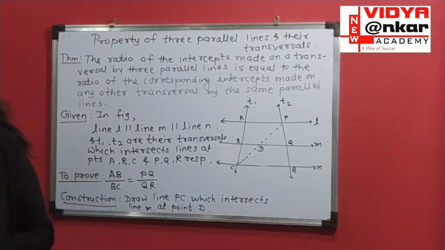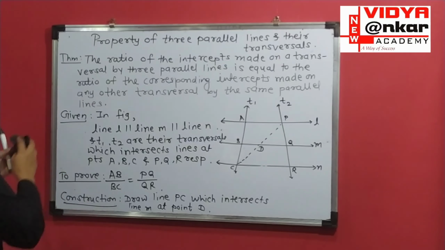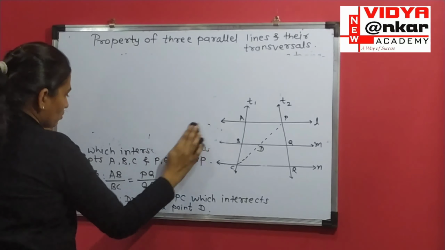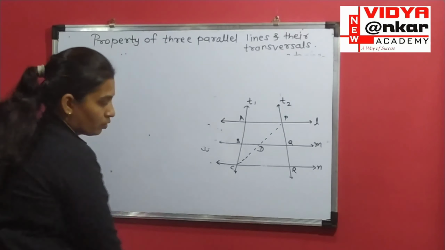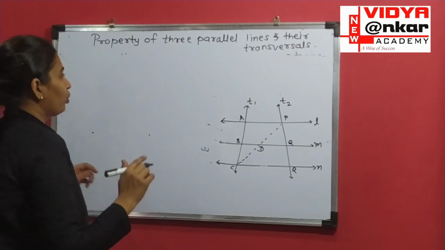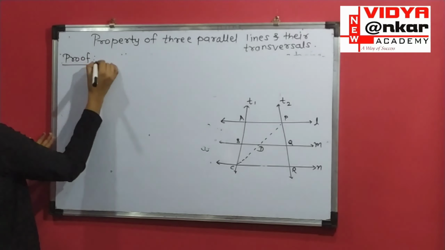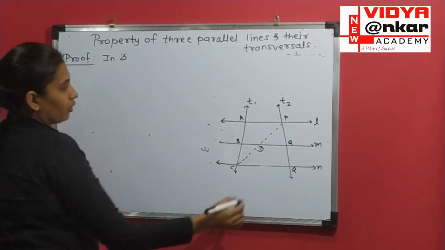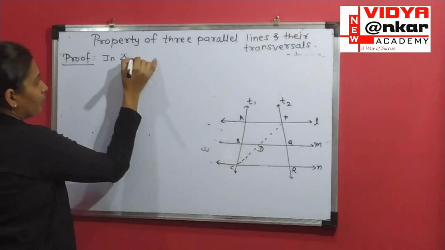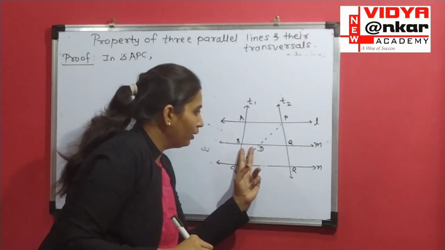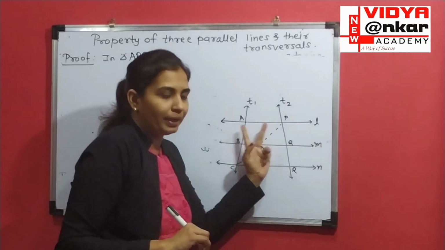Now, for finding our proof, we will take two triangles only. Okay. So, proof will contain: in triangle APC, what is given? BD is parallel to AP.